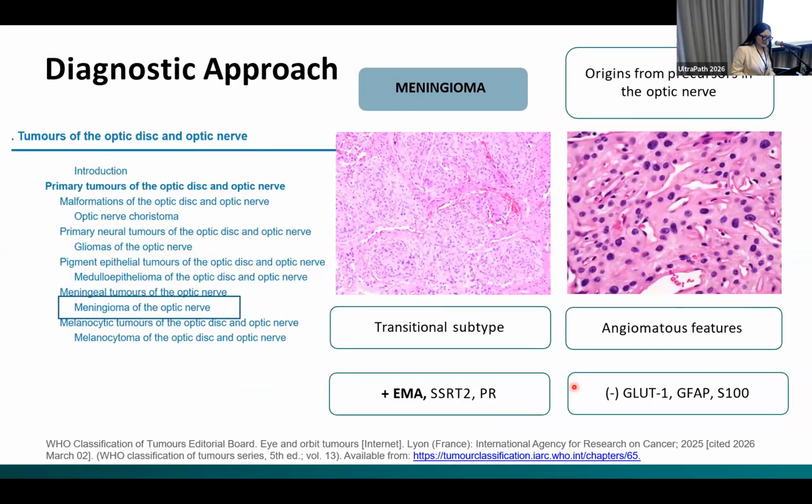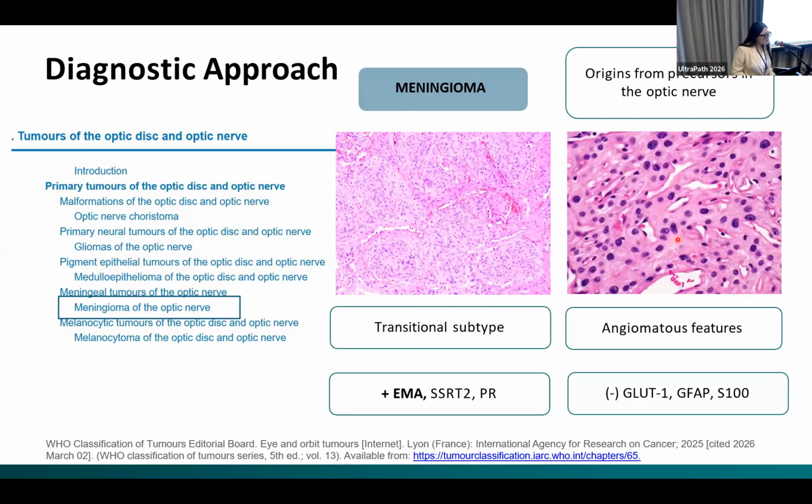Another possibility is a meningioma. This actually is not the most frequent location, but it can affect the orbital area. And when this location is presented in this tumor, the most frequent subtype is the transitional.